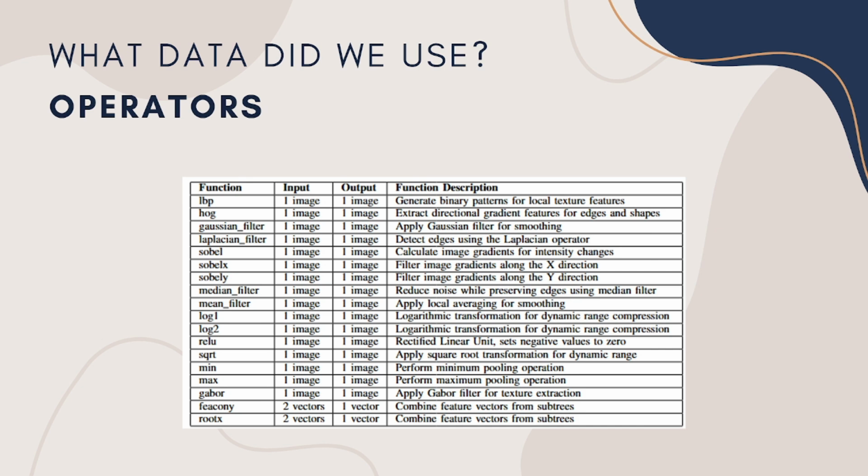Also, there is a mistake in the input of the second to last operator: the input must be two images. That operator flattens the images and concatenates the vectors to return only one vector. And the rest are operators for filtering and pooling.